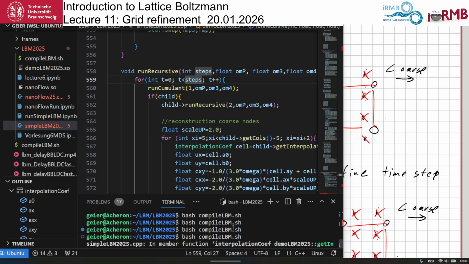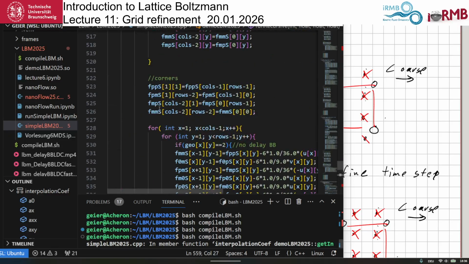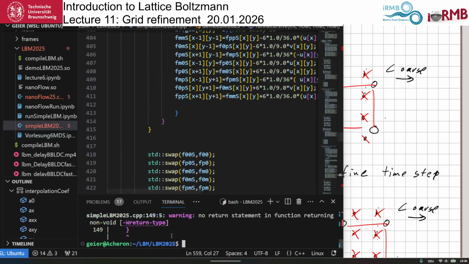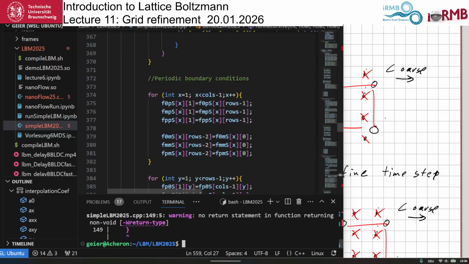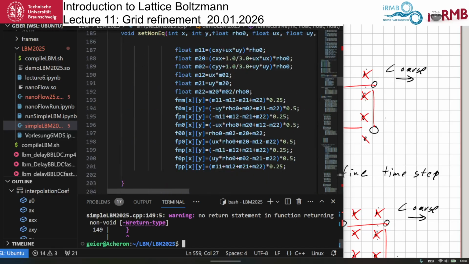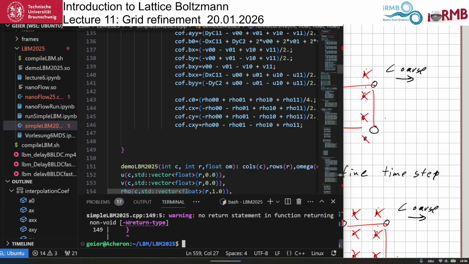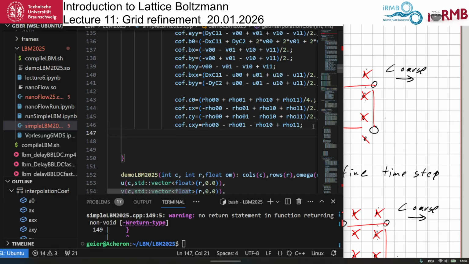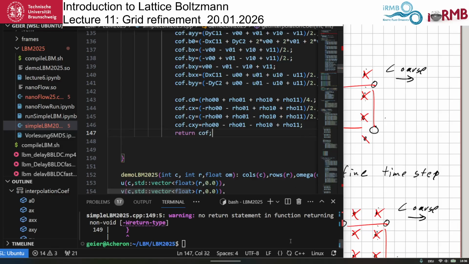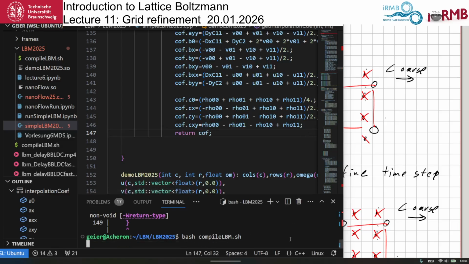Okay, the return in member function interpolation coefficient. So yeah, we may want to repair this one thing here. That's line 149. So we should compile more often to see whether we made any mistakes. We have to return this. Yeah. So let me see again.